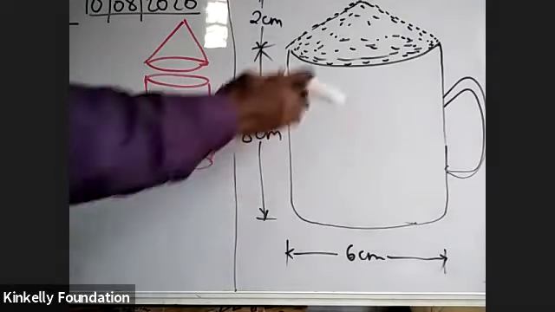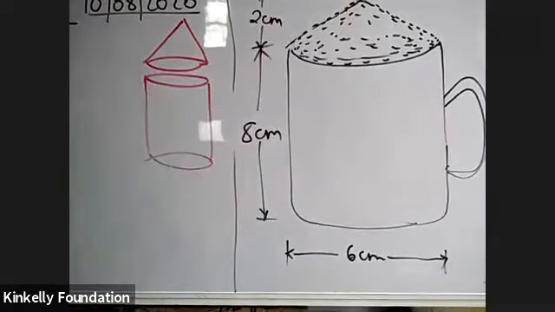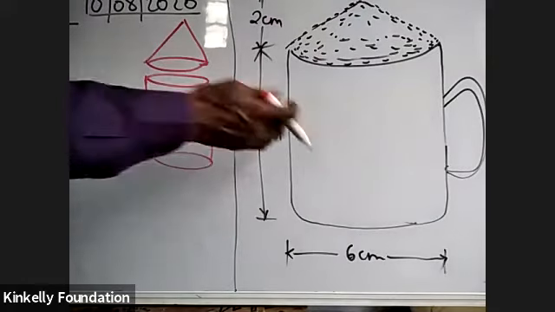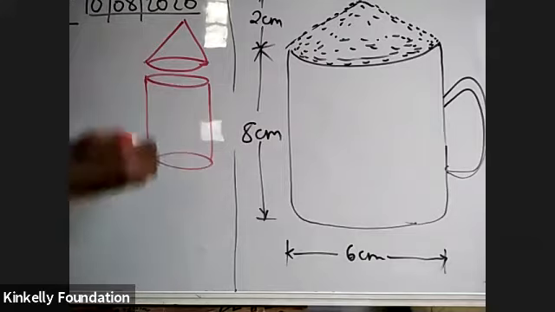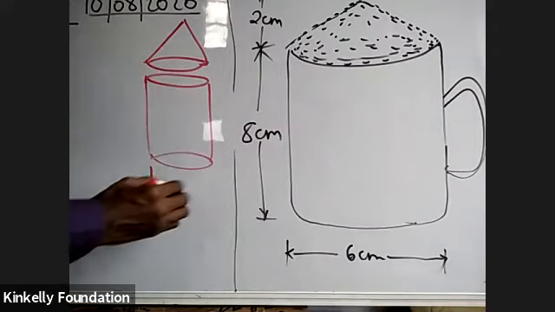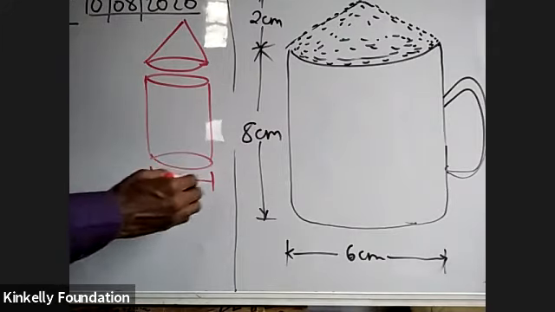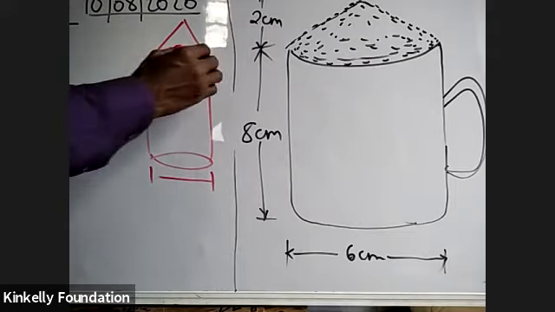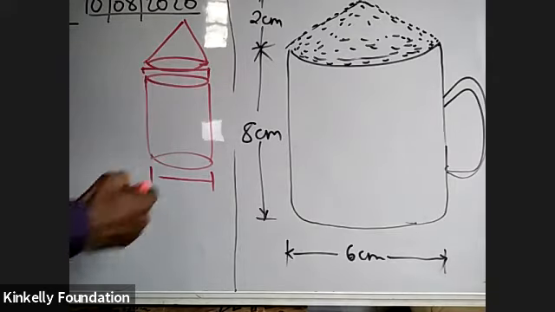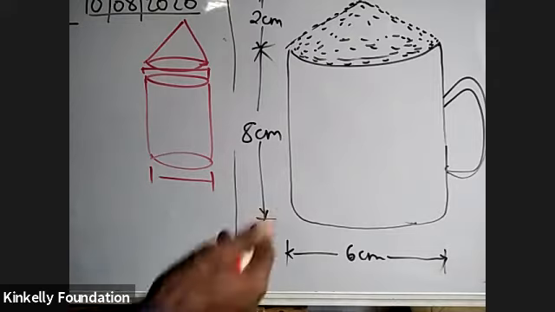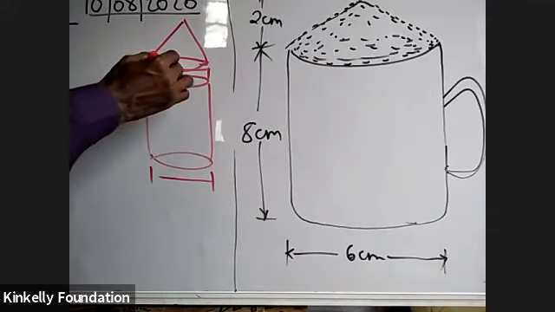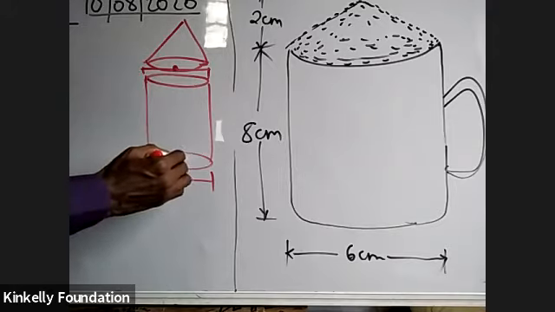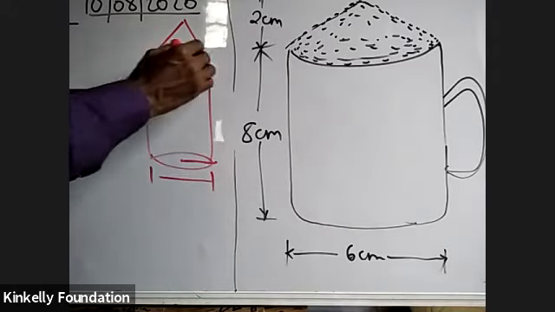Both are solids, a cylinder and a cone. But one thing is certain, that they are sharing the same diameter, which gives us the same radius. Whatever you have here is what you have here. Both are sharing the same radius.